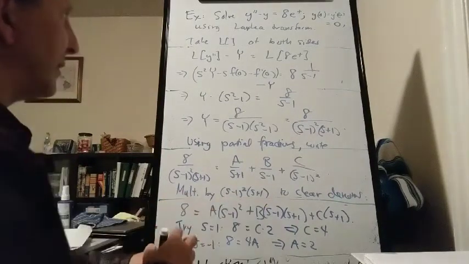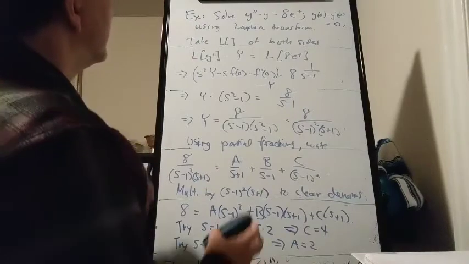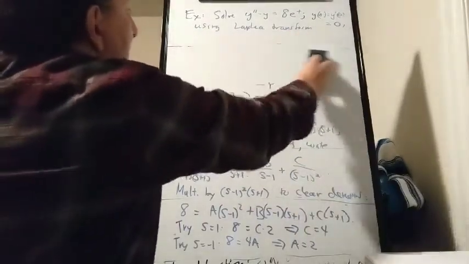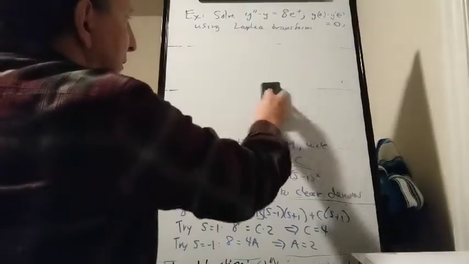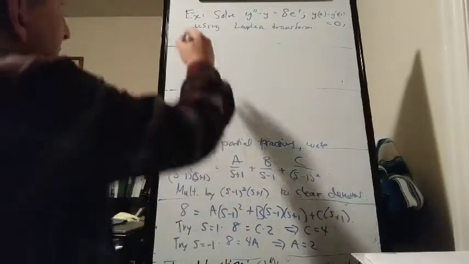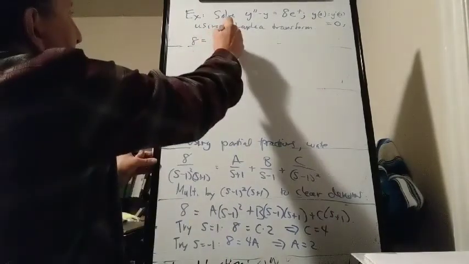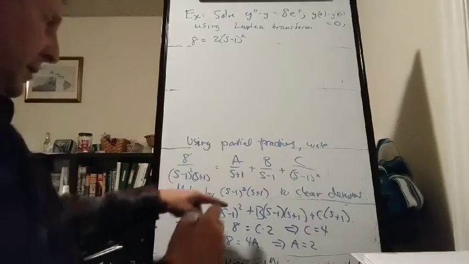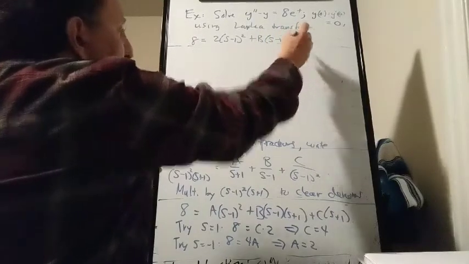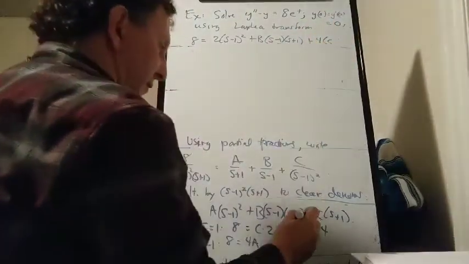Now let's rewrite this with the A and C solved for and see what we can do about B. So 8 equals A is 2, 2 times s minus 1 squared, plus B we don't know, s minus 1 times s plus 1, plus C we know is 4, plus 4 times s plus 1.